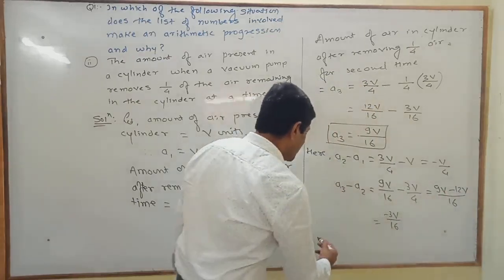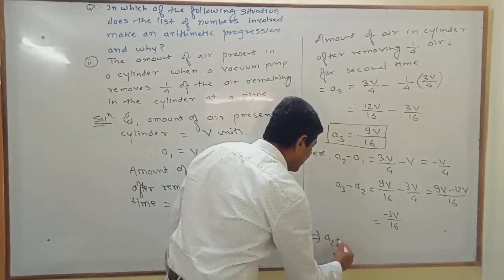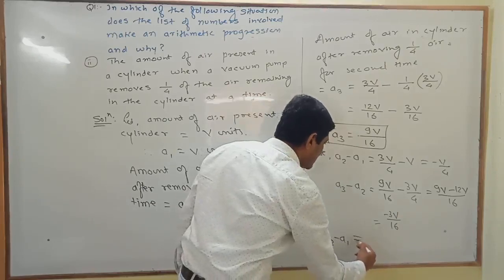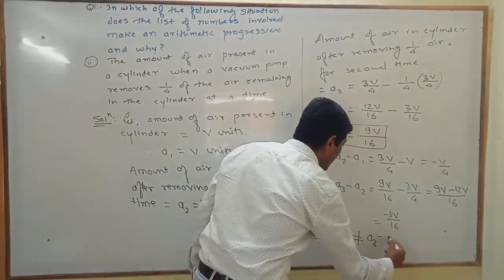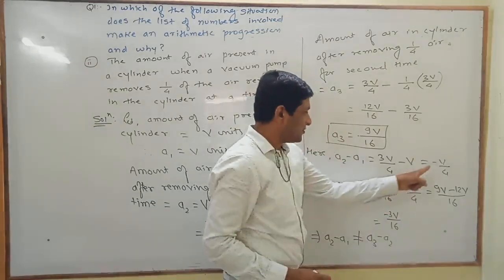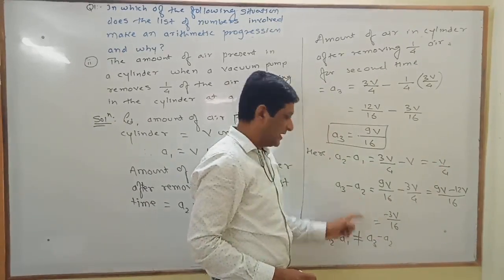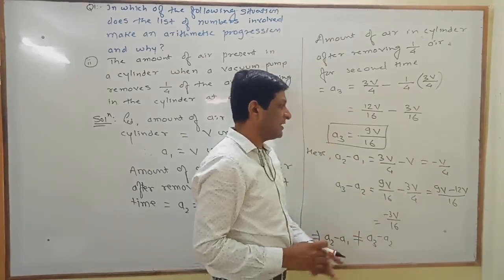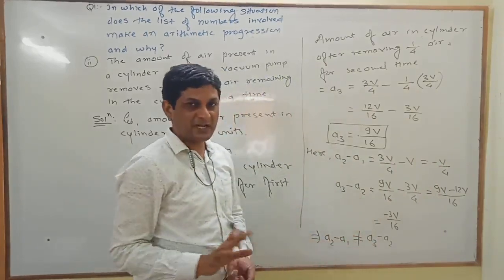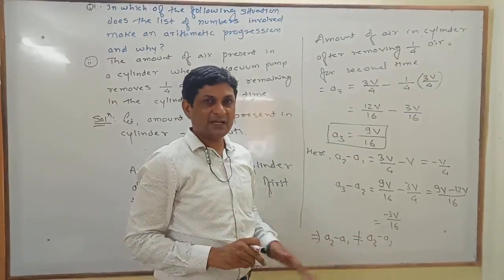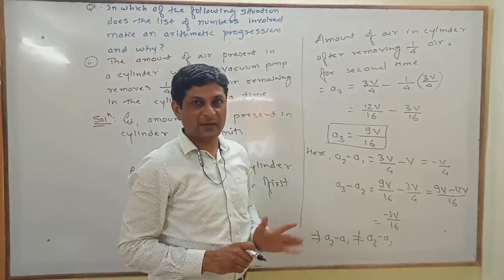So we can observe that A2 minus A1 is not equal to A3 minus A2. This is the value of A2 minus A1 and this is the value of A3 minus A2. Since these two values are unequal, means the difference is unequal, that's why we can say that the terms are not in arithmetic progression.